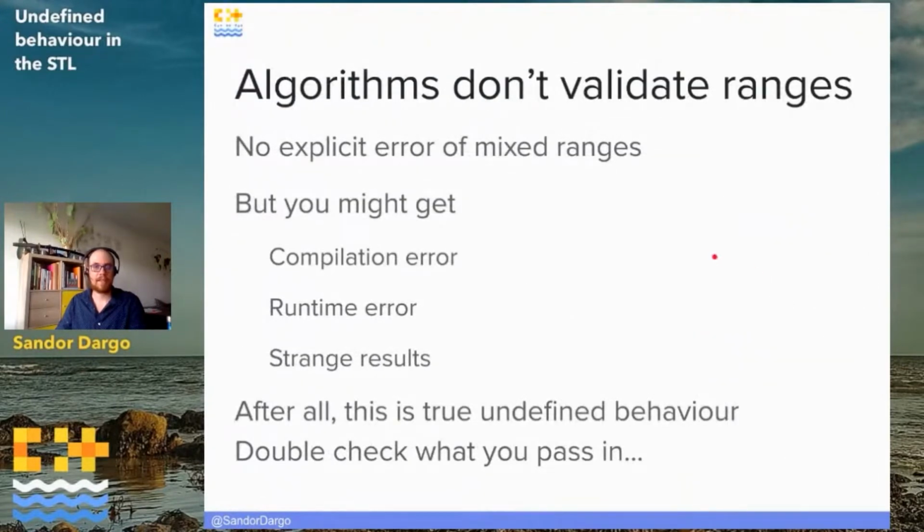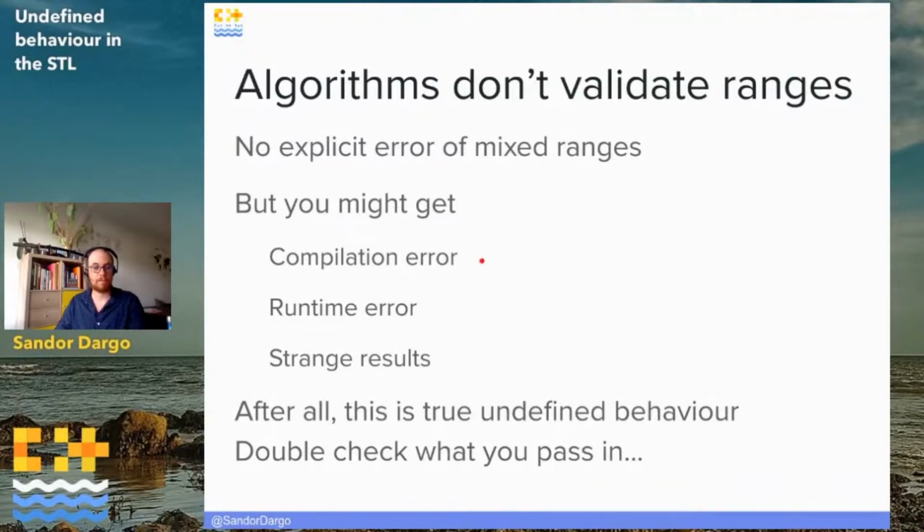The takeaway here is that the algorithms don't validate ranges. And there are no explicit error messages unless you also mix the types. But if you don't mix the types, and you just use, for example, bad variable names, then you're on your own. You might get some runtime error or strange results, and a compilation error only if you mixed the types.